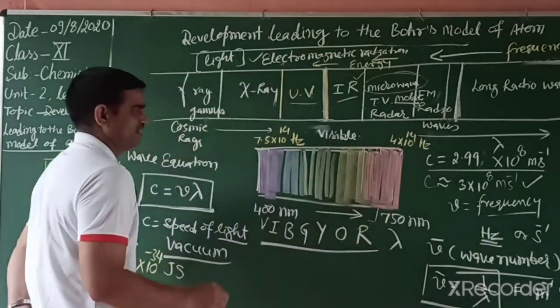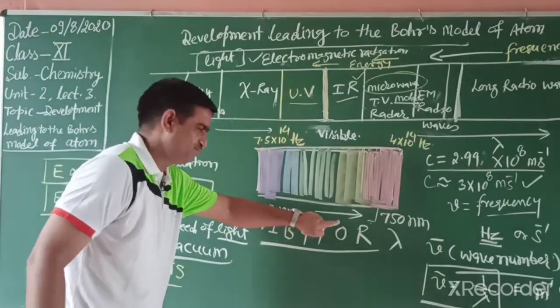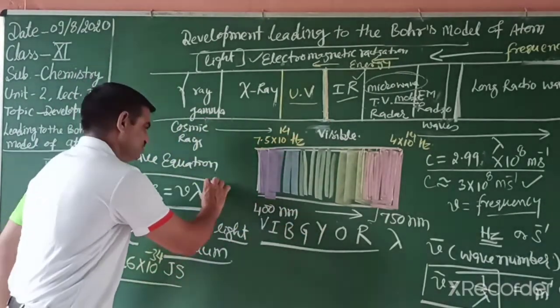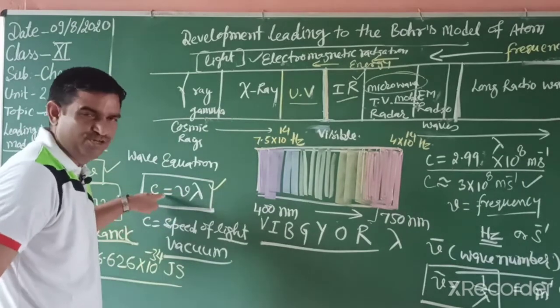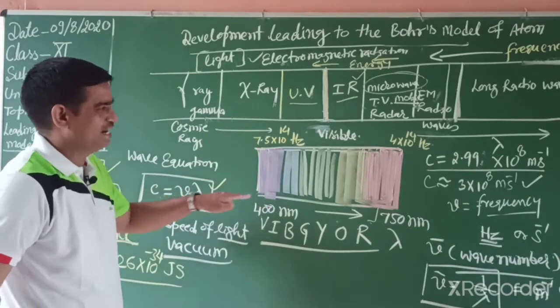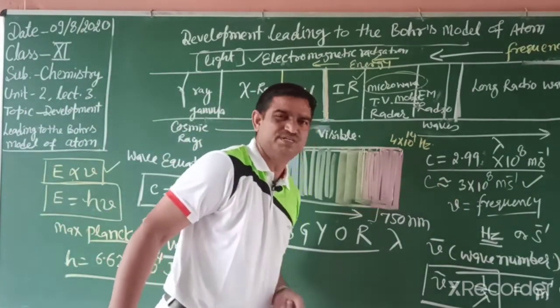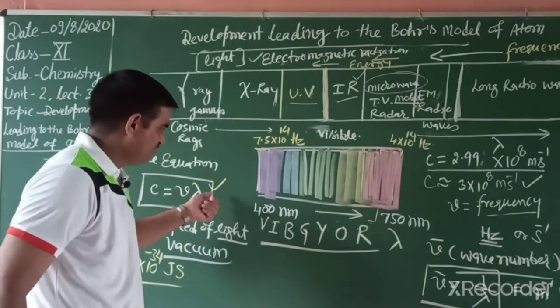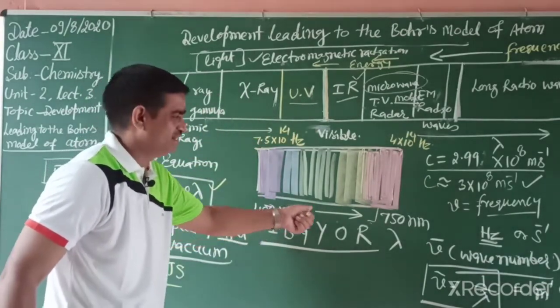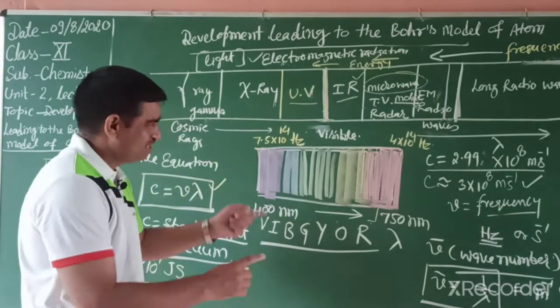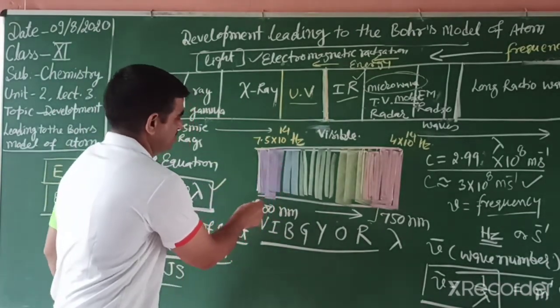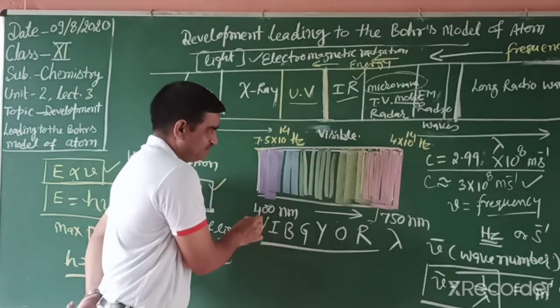How can we find this frequency? By this equation, because the speed of light is given: 3 into 10 to the power 8 meter per second, and the wavelength is 400 nanometer and 750. Easily remember, it is just reversed, 7.5 and 4.